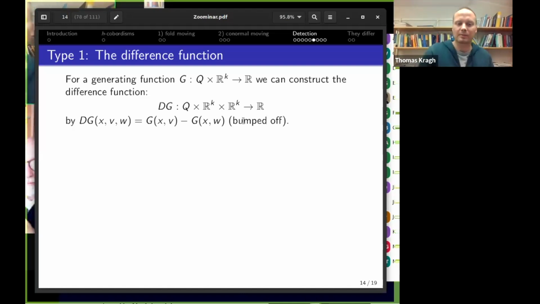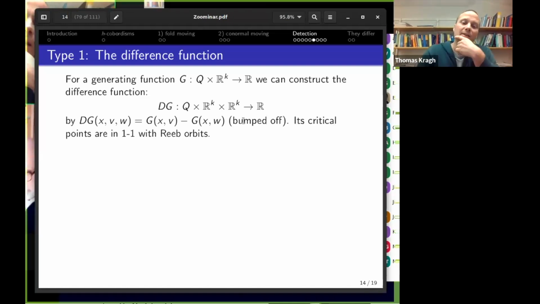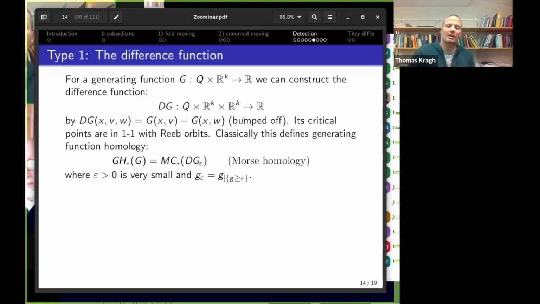Its critical points are one-to-one with Reeb orbits. This is well known, and I think I'm getting to a point where I shouldn't explain too much. And this is classically used to define generating function homology by taking the Morse homology of this difference function, but for some epsilon level.